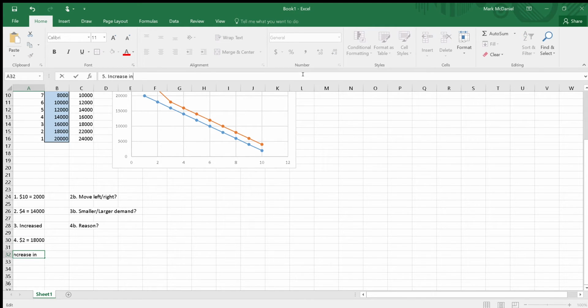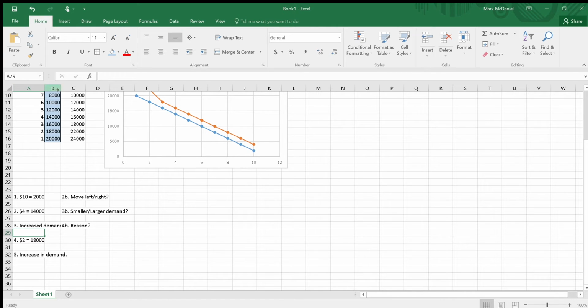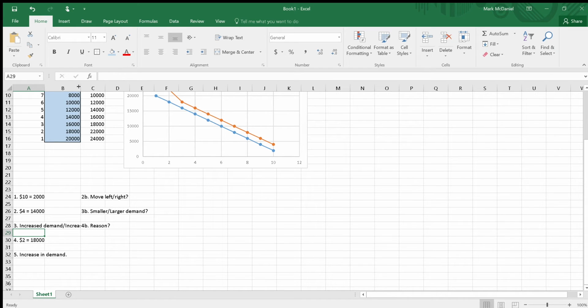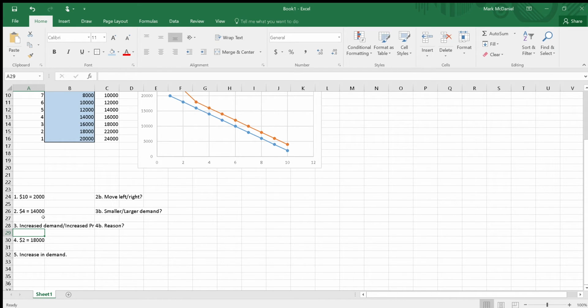This is an increase in demand because it is a decrease in price. So number 3, that's a little bit bigger. Wrap it around so it fits.